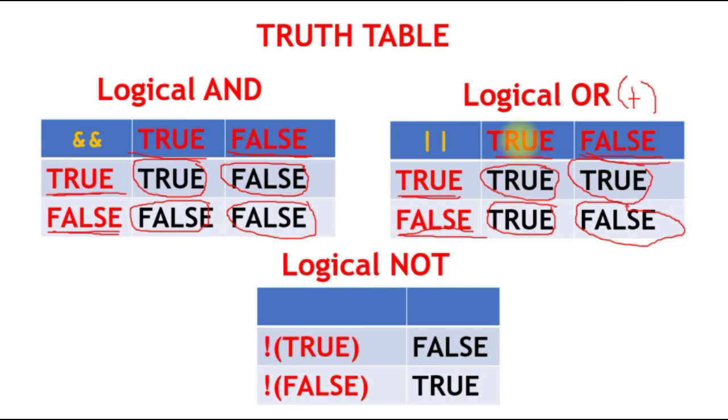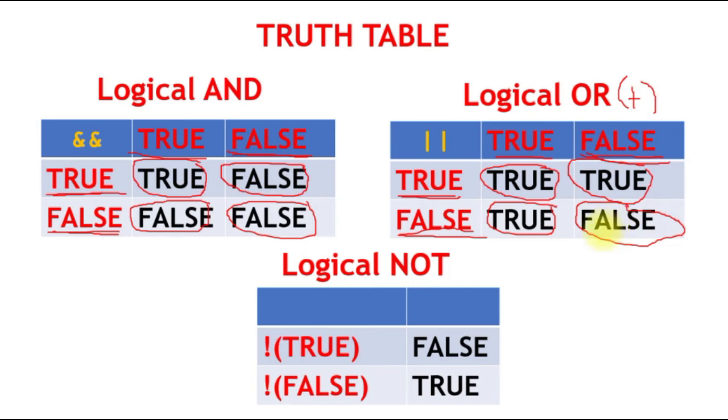Okay? Next, 1 plus 0 is equal to 1 or true. Gets po ba? Next, false is 0. 0 plus 1, anong sagot? The answer is 1, kaya ang sagot ay true. Next, 0 plus 0, the answer is 0, kaya ang sagot ay false.